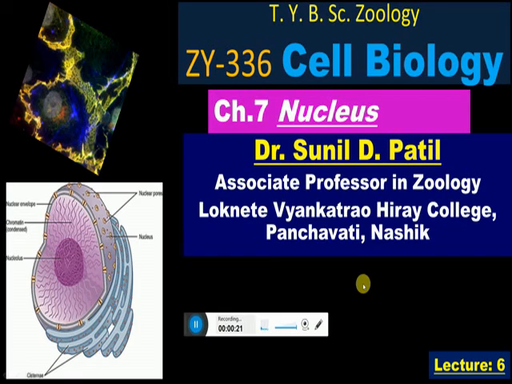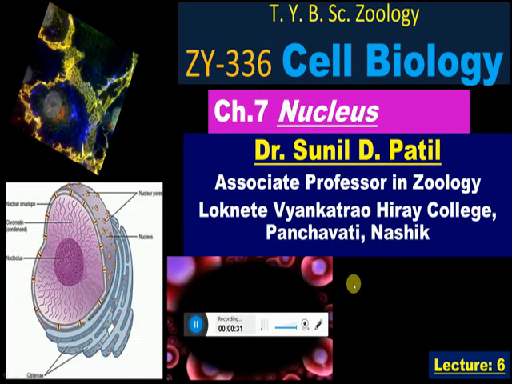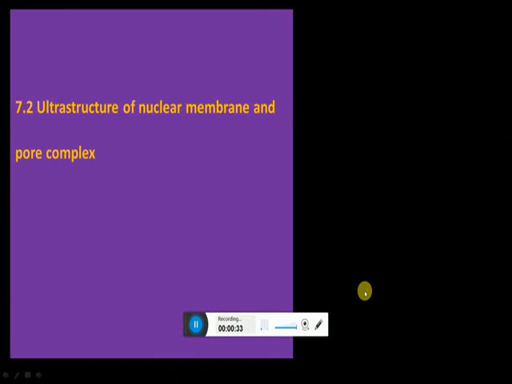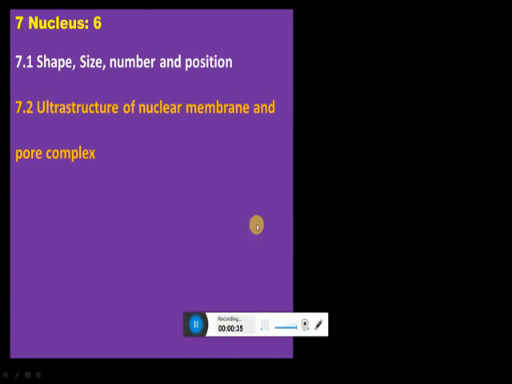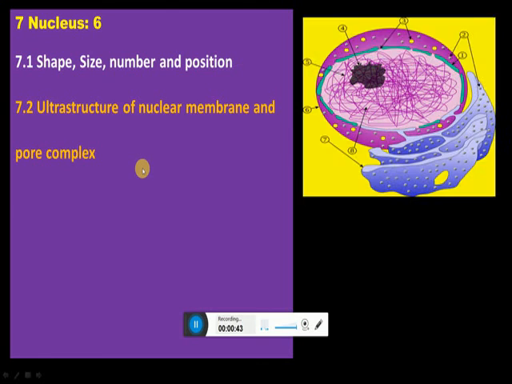In this lecture we are going to see first the syllabus of the nucleus, the points to be discussed here. In nucleus we are going to see the first point, that is shape, size, number and position, then ultrastructure of the nuclear membrane and pore complex.